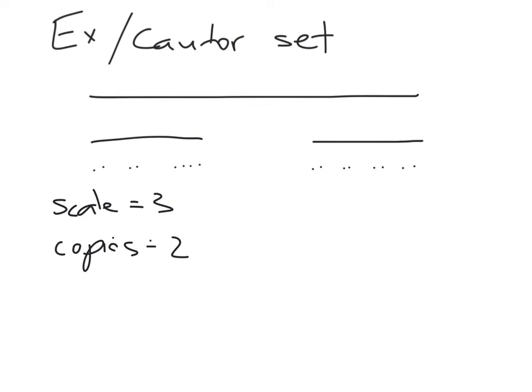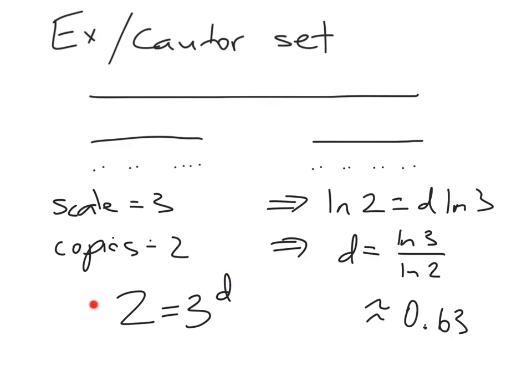And so we have 2 copies equals our scaling factor to the d, and solving for d, we take the natural log of both sides, and we get the natural log of 2 is equal to d times the natural log of 3. So we solve for d, and we find that it's the ratio of the natural log of 2 to the natural log of 3. And if we take that ratio, it's about 0.63. So this is not a one-dimensional object, but it does have some dimension by this notion of dimension.